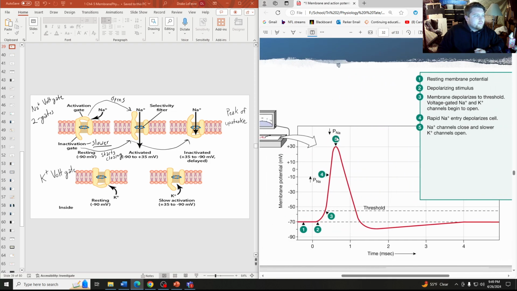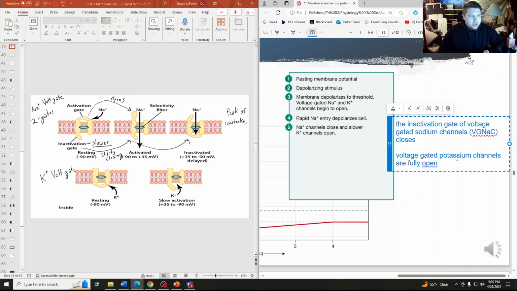Number 5 right there. And so when the potassium channels are now open, what's going to be happening? We know that potassium wants to come out of the cell because of its chemical gradient. There's a whole lot of potassium on the inside, not a lot on the outside.